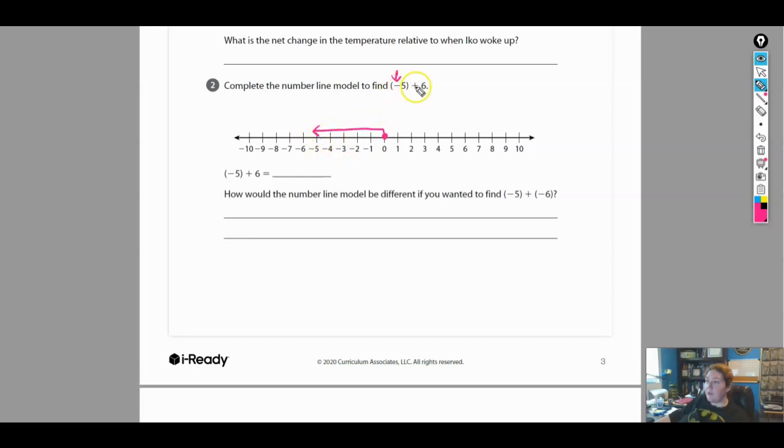So now I'm going in a positive direction 6. I start where I left off, and I'm going in a positive direction 6 spaces. So I'm going to go 1, 2, 3, 4, 5, 6. And where do I land? I land on a 1.